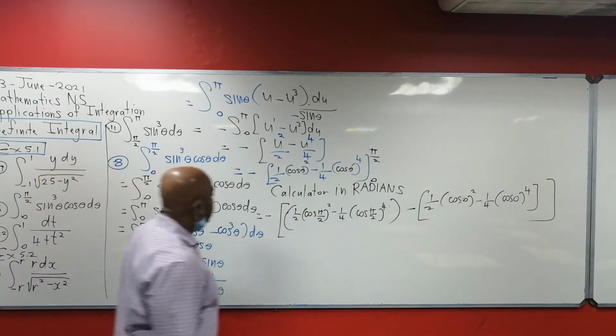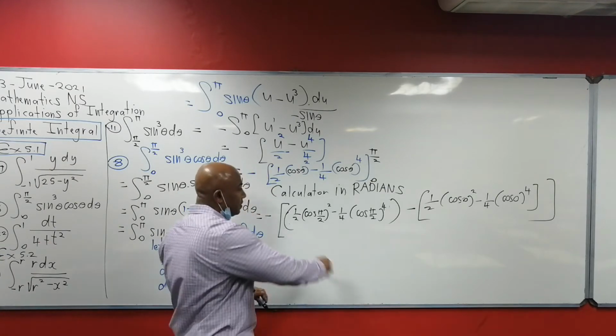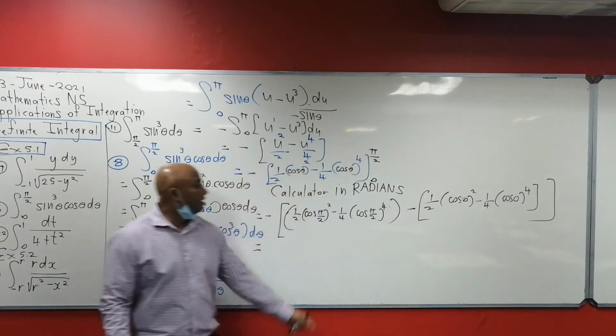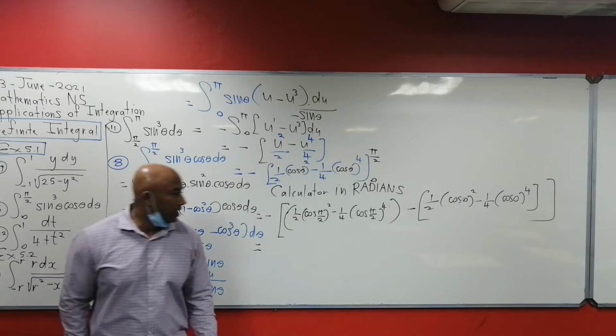Right, so calculator in radians, remember that. What we will do is work out our answer, and then multiply our final answer by minus 1. Let's see what we get.